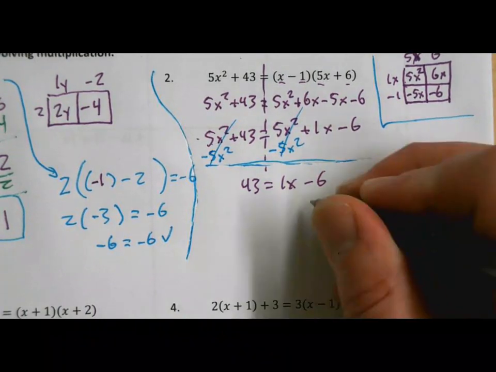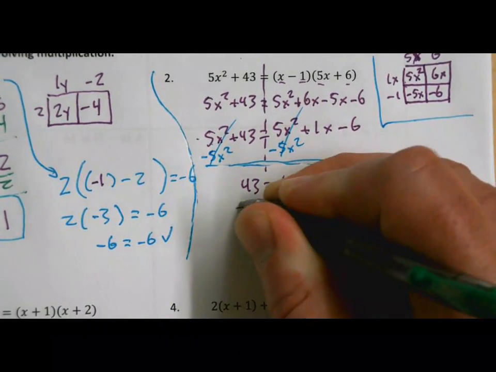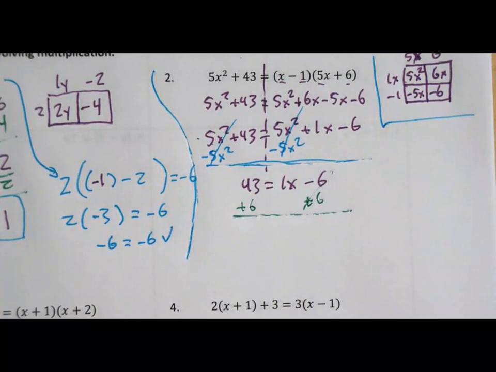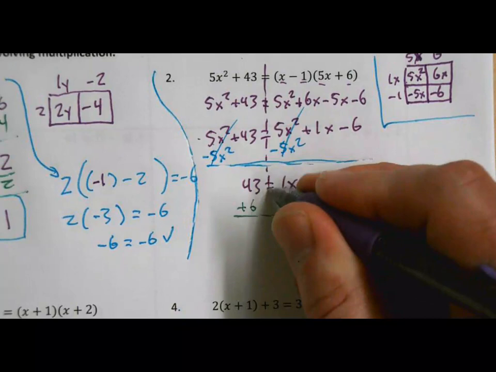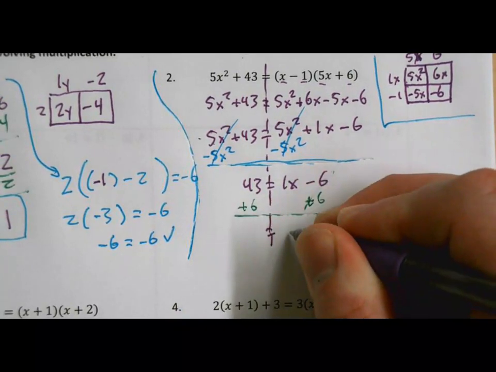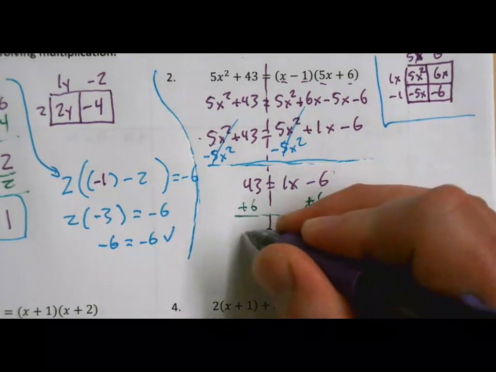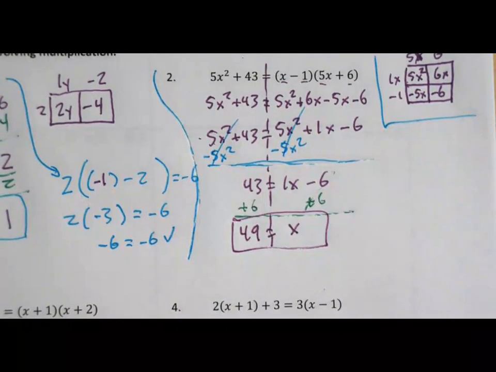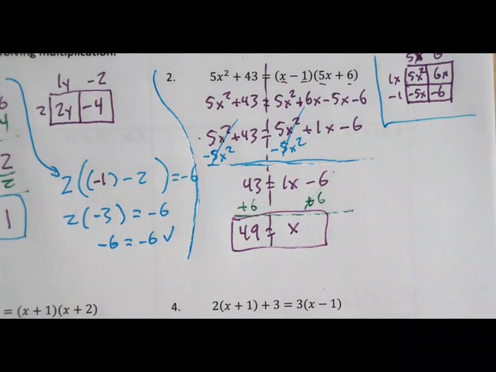How about plus 6 on both sides? So equal sign comes down. 1x is the same as x, and then 43 plus 6 is 49. I think that's my final answer, but if I were doing that on a test, I would definitely go back, plug it in, and make sure that it worked.